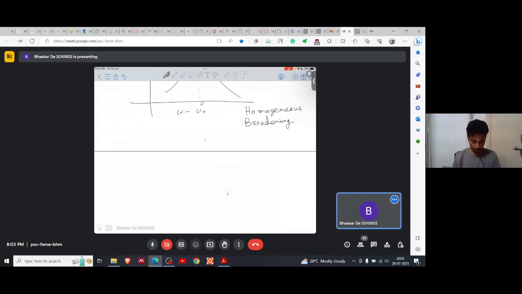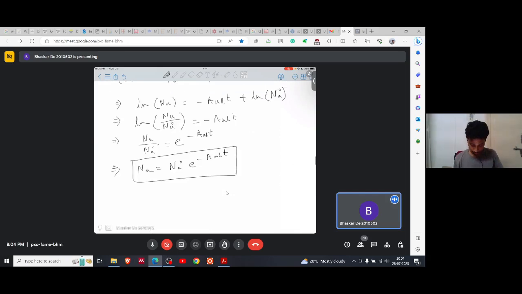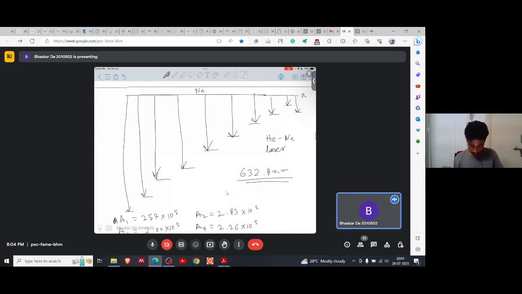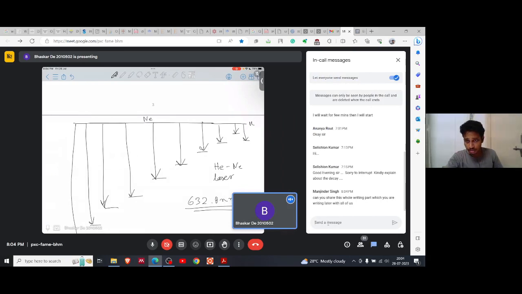This is the relation: nu equal to c by lambda, where c is the speed of light, lambda is wavelength, and nu is frequency. So when you say a laser is of a certain wavelength, like here we mentioned the helium neon laser, magenta.